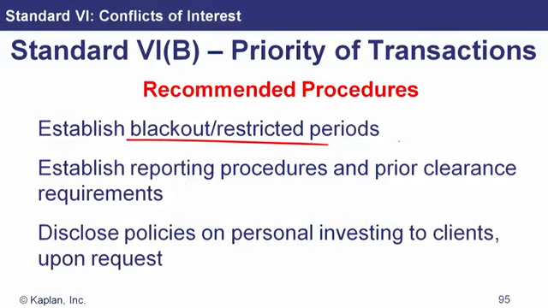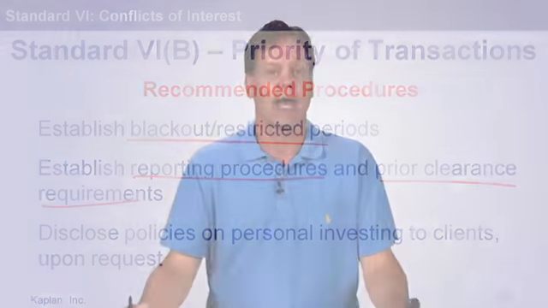Establish reporting procedures and prior clearance requirements. So what about reporting procedures? What do employees, that is analysts, have to report to the employer? And maybe even prior clearance. So if you're an analyst following some particular industry, and you're going to trade in that industry, it's not just a matter of saying what you did ex post, that would be reporting procedures, but there may be, in fact, the requirement to have prior clearance.